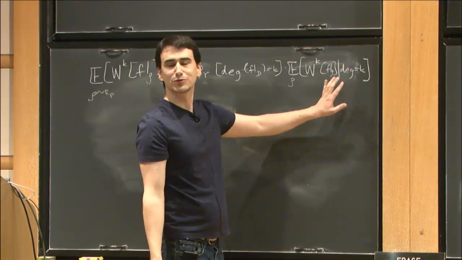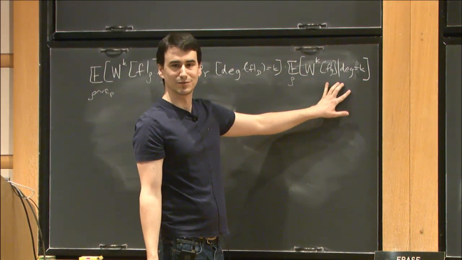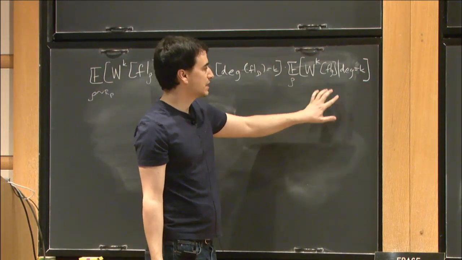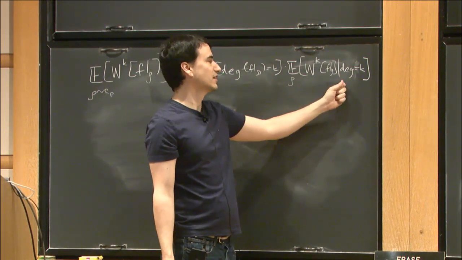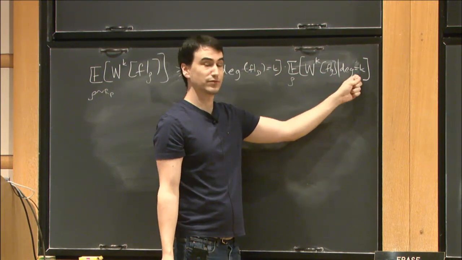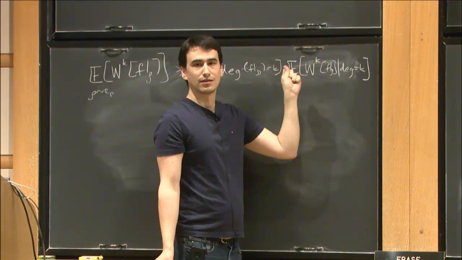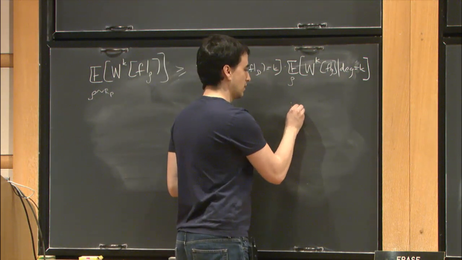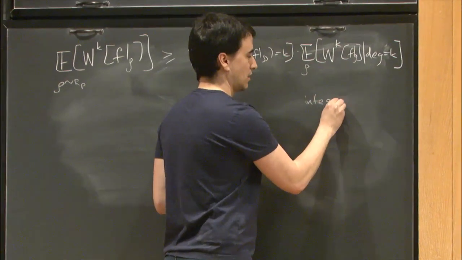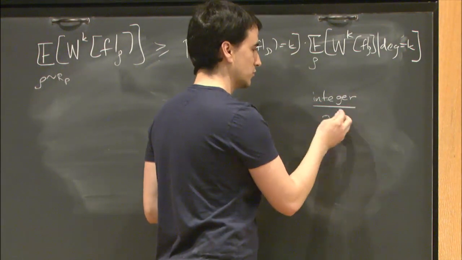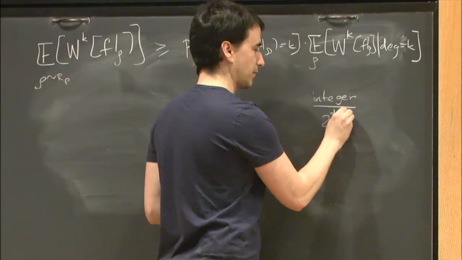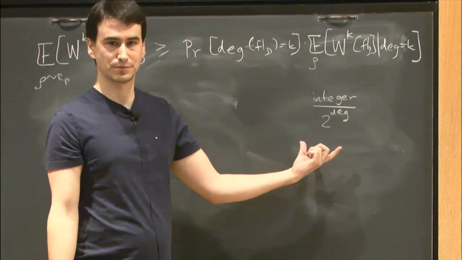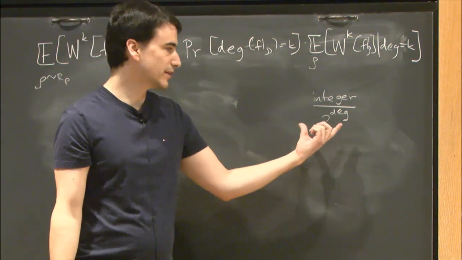Okay, and now I want to use something about the Booleanity of the function. It is a simple fact that if you have a Boolean function of degree K, then every Fourier coefficient is an integer divided by 2 to the K, or 2 to the degree. You can prove it by induction.